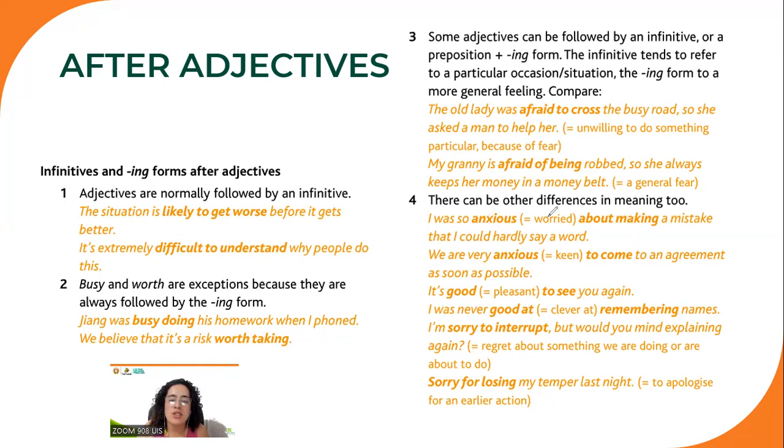So here, anxious is worried, anxious to is something good. So keen, I want to. Here, good is like pleasant. I feel good to see you. It's pleasant for me. To be good at something is that you have ability to do it, okay? So the meaning is different. It's good to see you, okay?